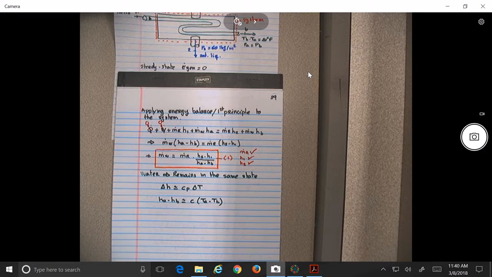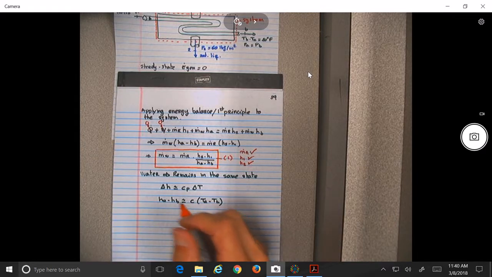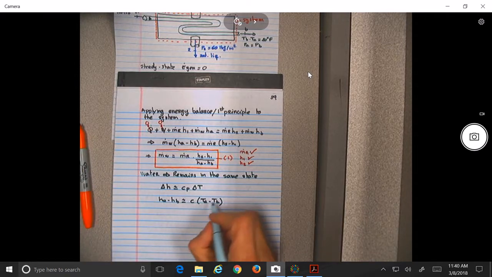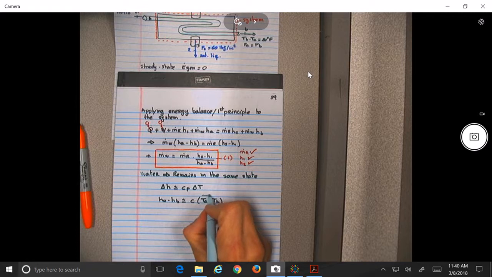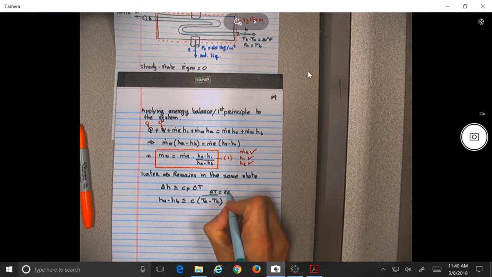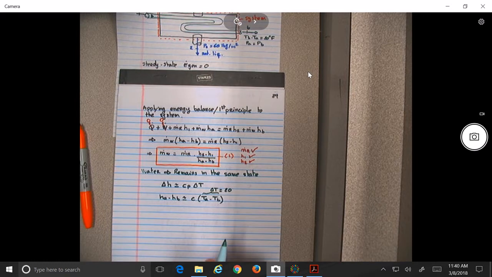Because no matter what, one will be, okay, so that will be the second equation we can have. Okay, and all this is equal to what? This is equal to a delta T, which is equal to what? To 20, no? Yeah?